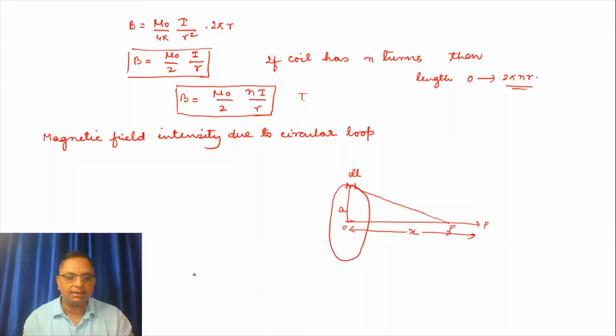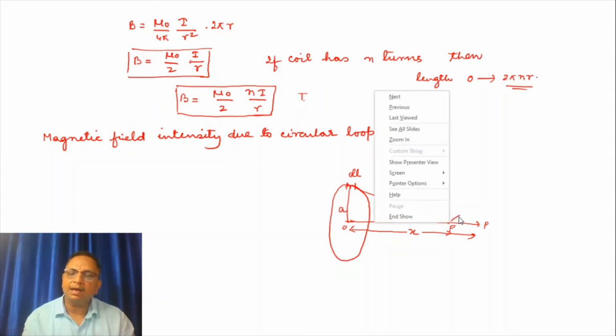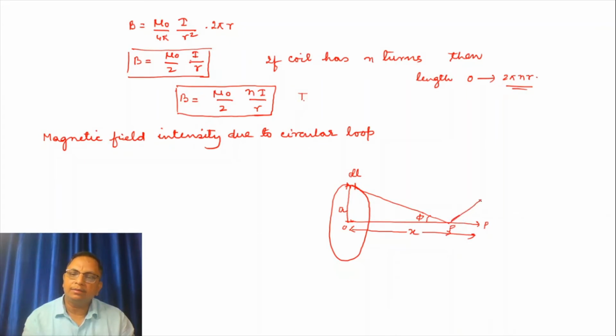Unfortunately, there is some mistake. We take here the angle phi, then the direction of the magnetic field will be dB, and if we resolve it, we get two components.